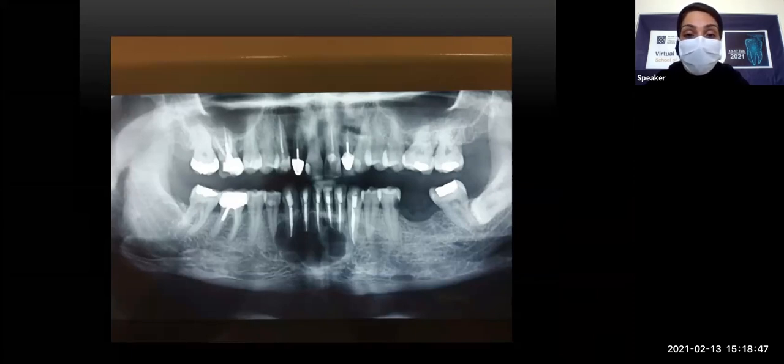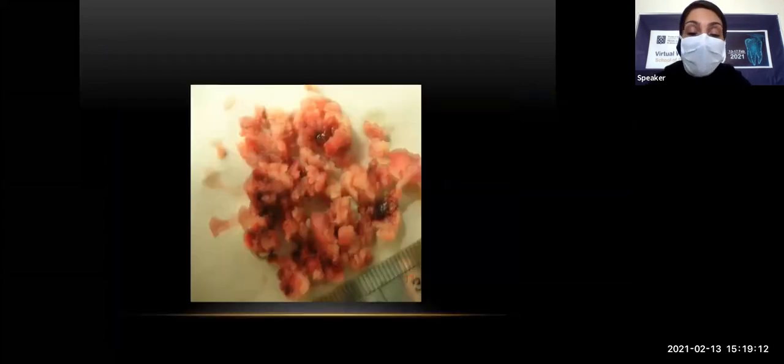As you see in this slide, there was a cystic lesion in the anterior area of the mandibular bone, and because the lesion was painful, with persistent pain, the patient was referred to a surgeon to make a definite diagnosis. The surgeon did an excisional biopsy and faced this picture of a bloody, spongy lesion.